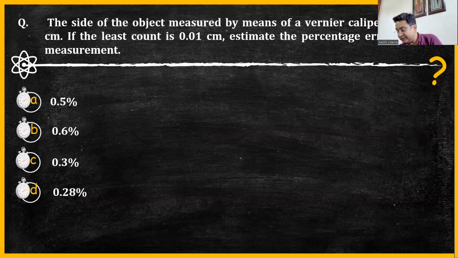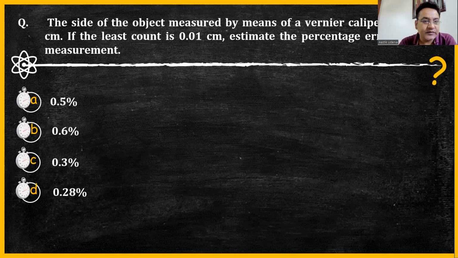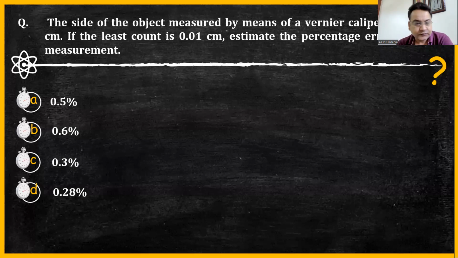The side of an object measured by means of a vernier caliper is 3.52. The least count of the vernier caliper is 0.01 centimeter. Estimate the percentage error in measurement, and I'll give you 2 minutes for this. So how are we supposed to do this?